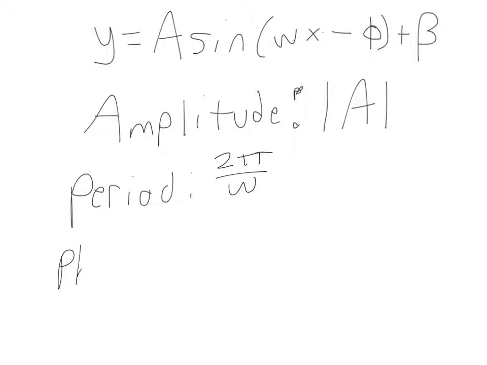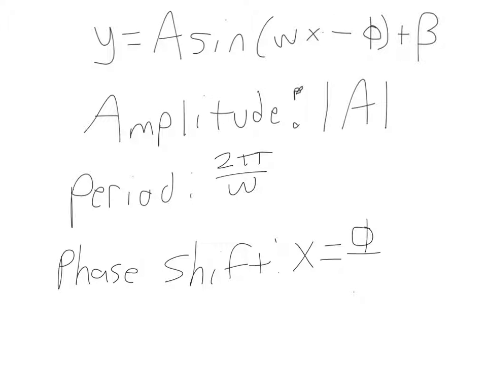Now, something we call the phase shift controls how much it's shifted left or right. The phase shift would be x equals phi over w. Pretty much, if we're subtracting, then whenever we solve for x, it'd be positive.